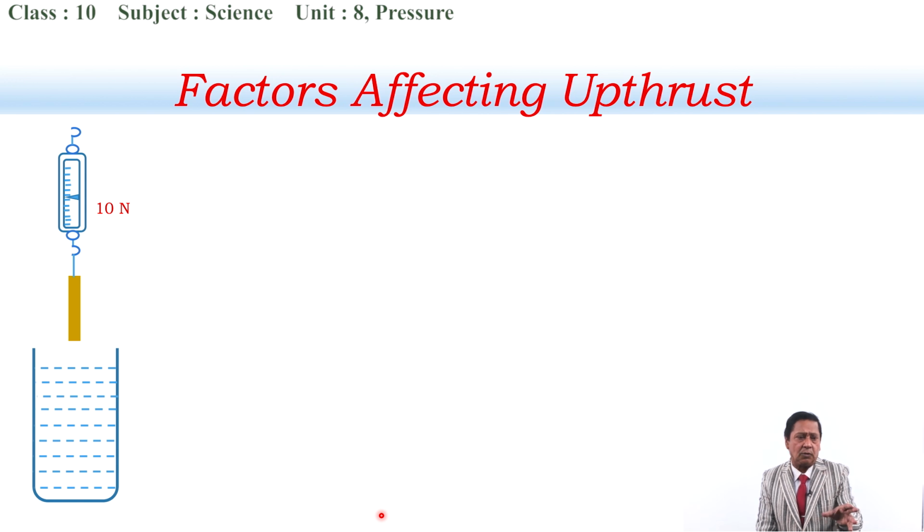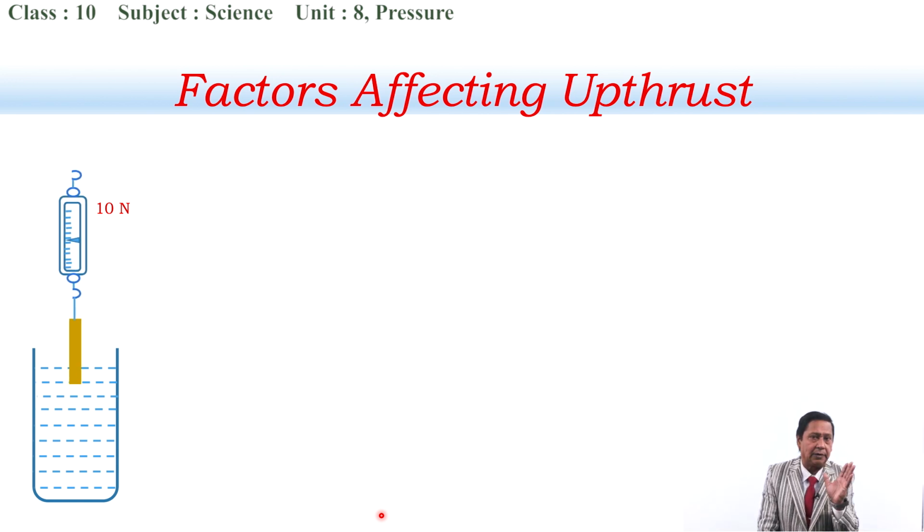At this time upthrust certainly acts on the body, and the weight of the body reduces. Because of this upthrust, let's say its weight is reduced to 9 Newton. Now we can say that upthrust is 1 Newton, because 10 Newton was the weight and its weight in the water is 9 Newton.